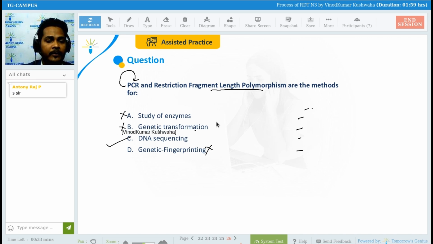So this is also not the right answer. DNA sequencing is the most common method, so C is the right answer. Those who selected D, that is wrong. C is the right one, and make sure next time also. The right answer is DNA sequencing. Is this clear to all of you?